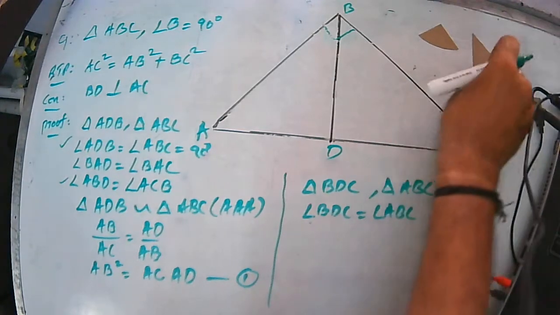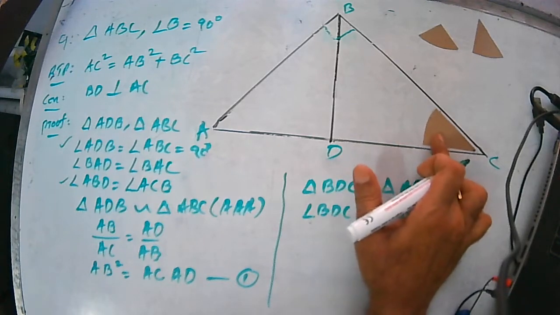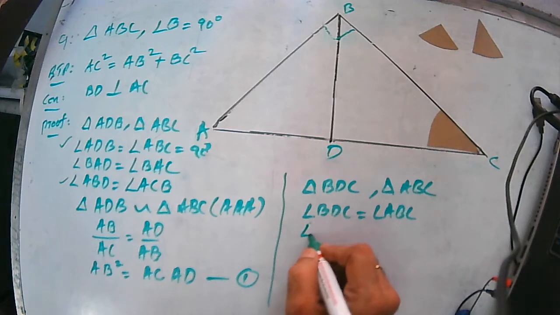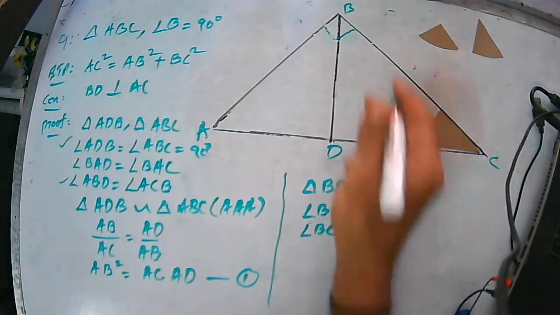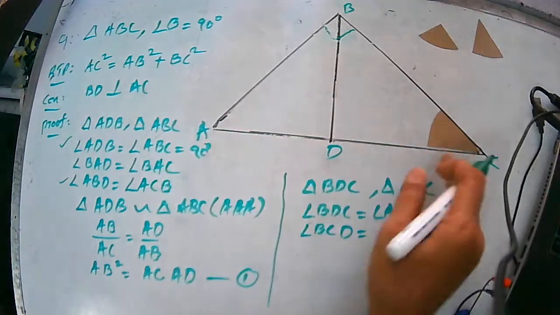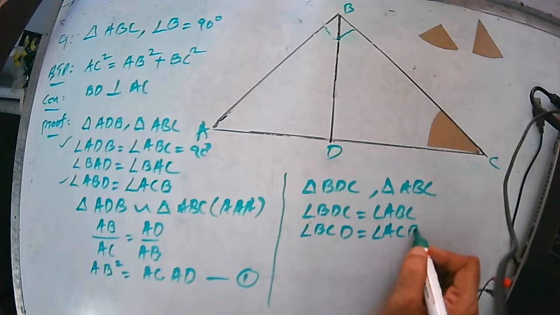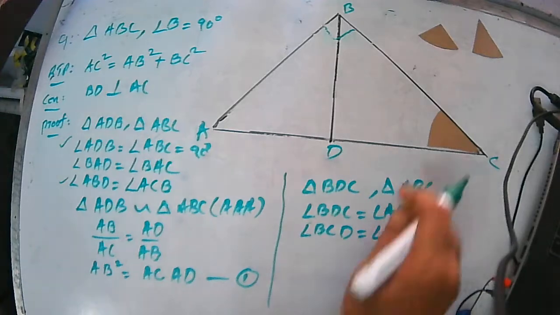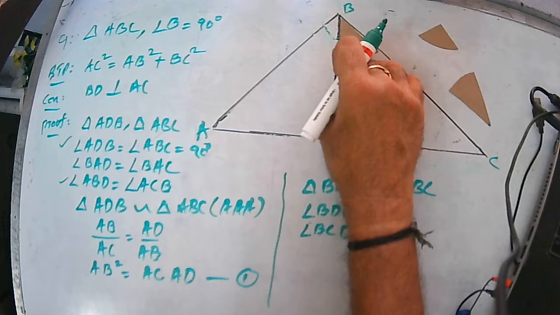Next, we can say there is a common angle here, angle BCD. Angle BCD is the same angle we can see in triangle ABC, that is angle ACB. These two are also equal. Next, when two pairs are equal, the third angle is also equal.